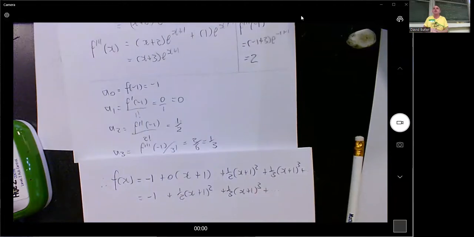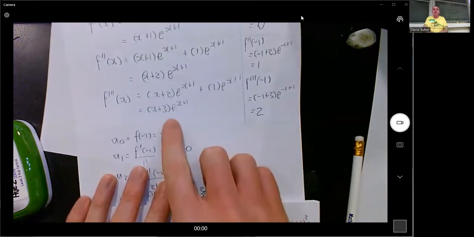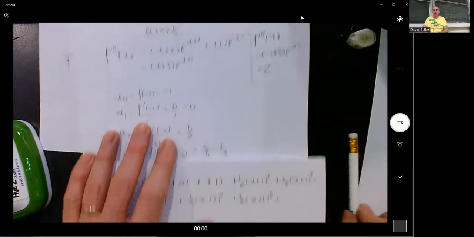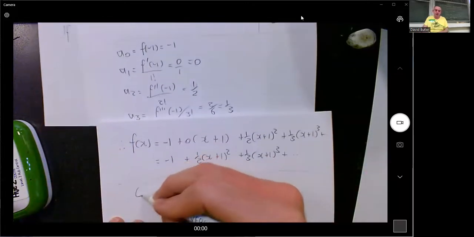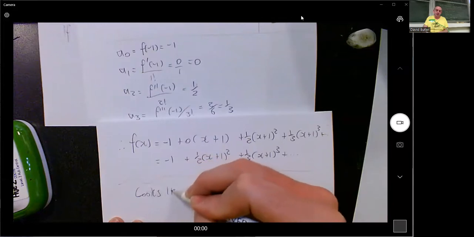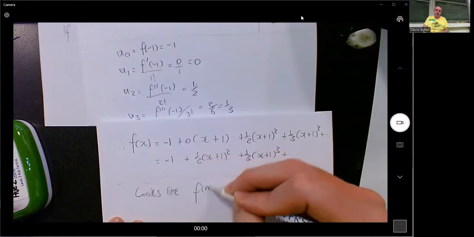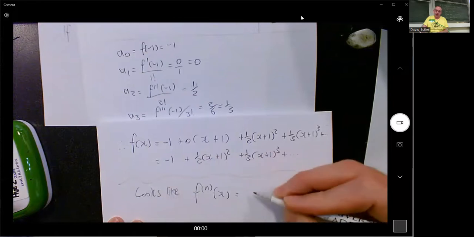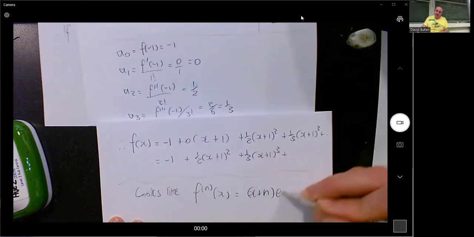That's finding a Taylor series. Yep, that's it. Not anything fancy. I can make a guess at what the actual terms are for every position, because it looks like this pattern is going to continue. So just as an aside, it looks like the nth derivative is going to be x plus n e to the x plus 1.